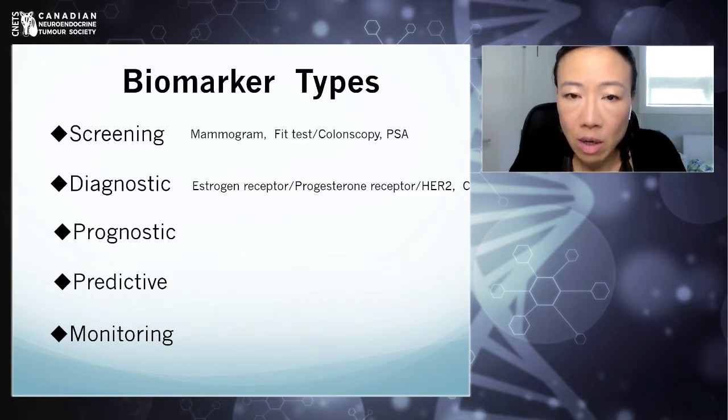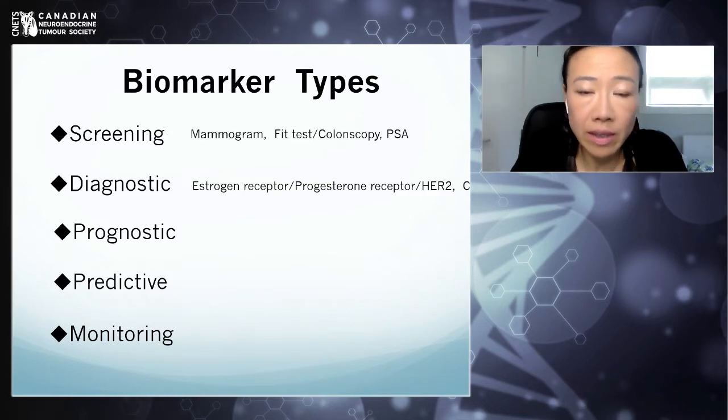In colon cancer, we have CEA to make a diagnosis of colon cancer. Prognostic and predictive biomarkers are the 2 most important biomarkers, which I will mention later in my slides. One of the great examples of both a prognostic and predictive biomarker is HER2 in breast cancer.